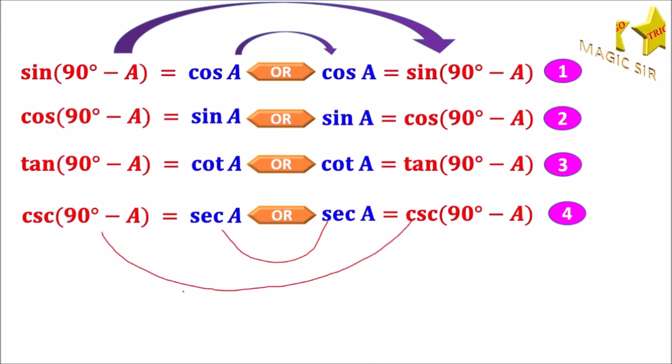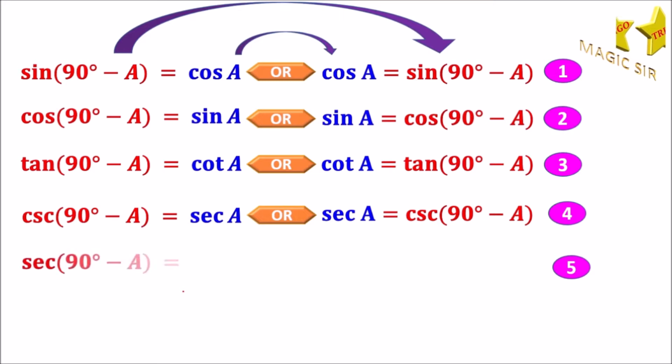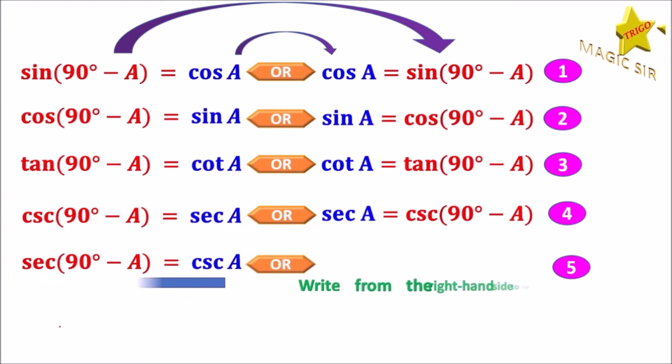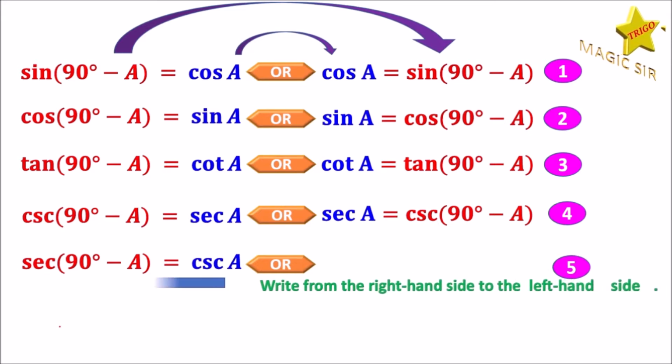Fifth, sec 90 degrees minus A is equal to cosec A. Or we can write this formula from the right hand side to the left hand side.